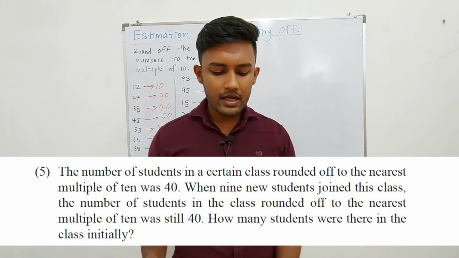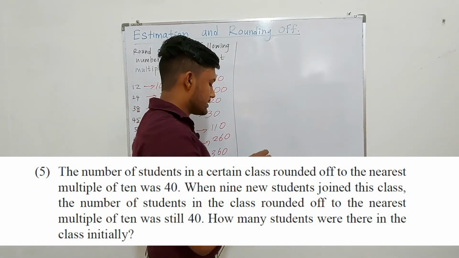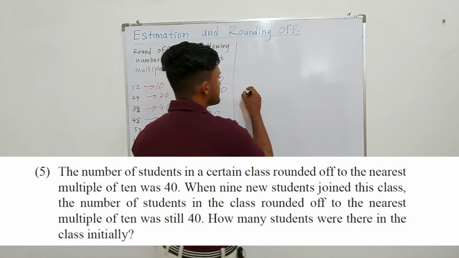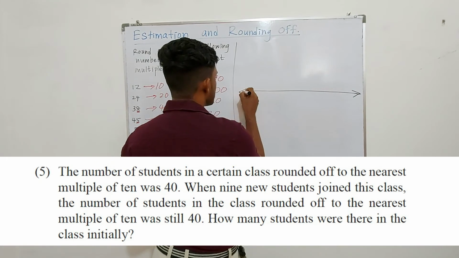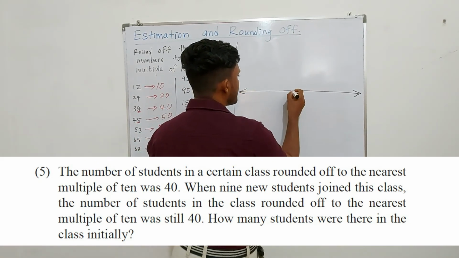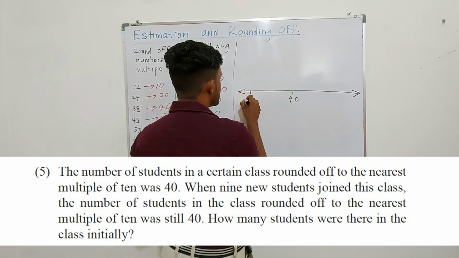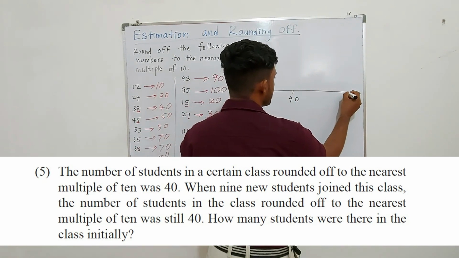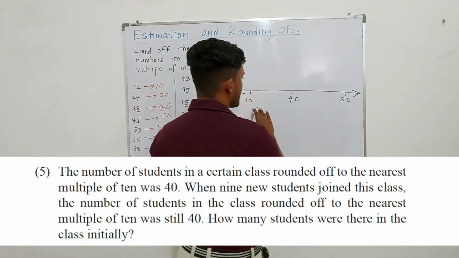Yes. The number of students in the classroom, they don't specify, right? We want to use the number line, right? 40 has here 30, 40 and 50. 40 is in between 30 and 50.